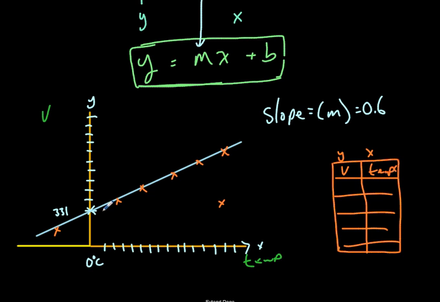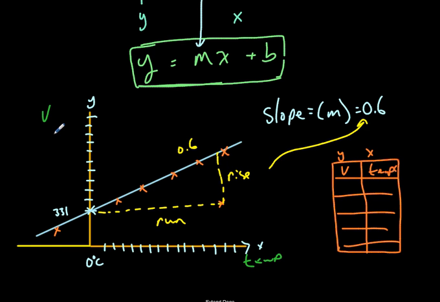And then we would come in here, and we would measure a rise over run, and that should pump out the value of 0.6, right? If we actually calculate this, this rises at a rate of 0.6. Every degree Celsius increases velocity by 0.6. Does that make sense?